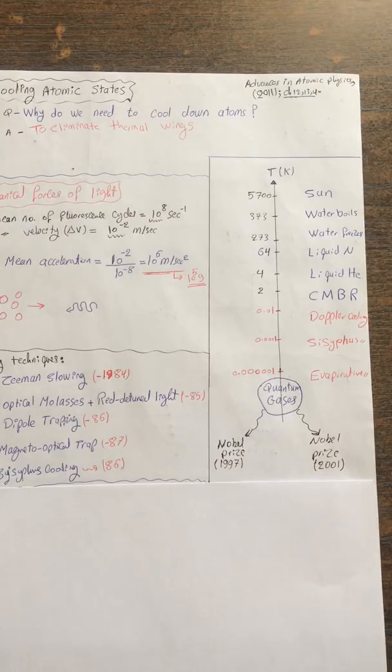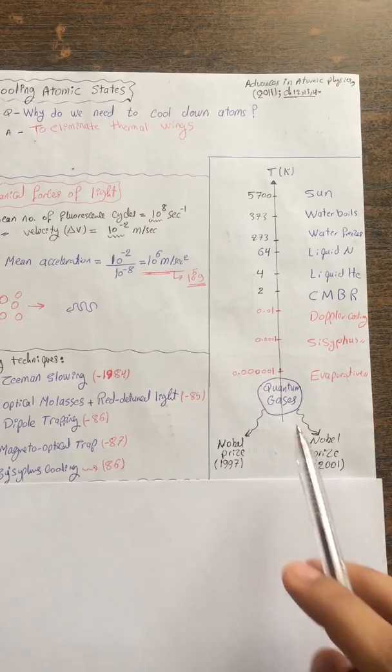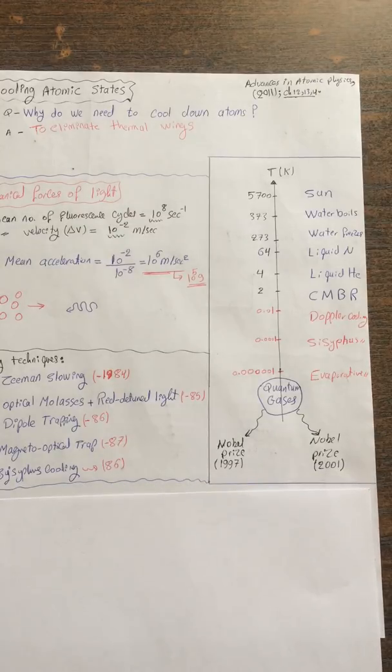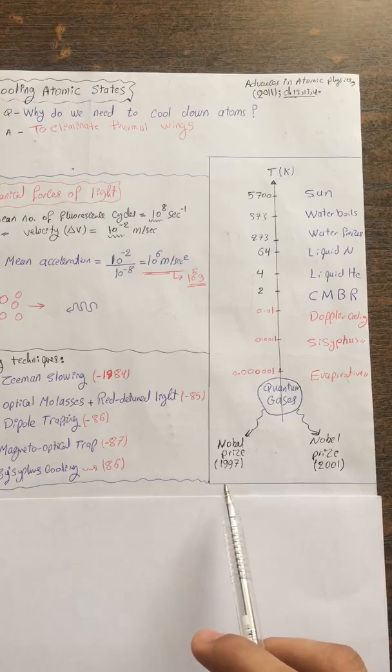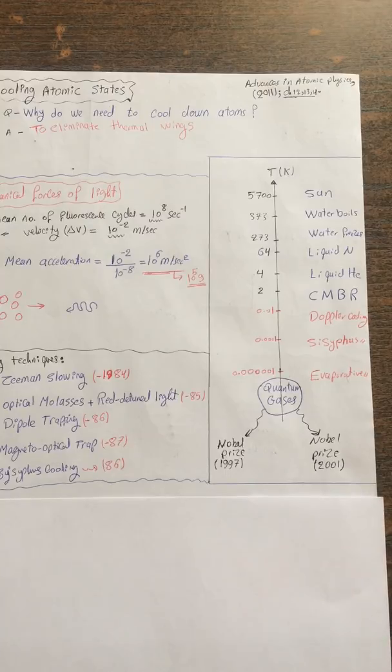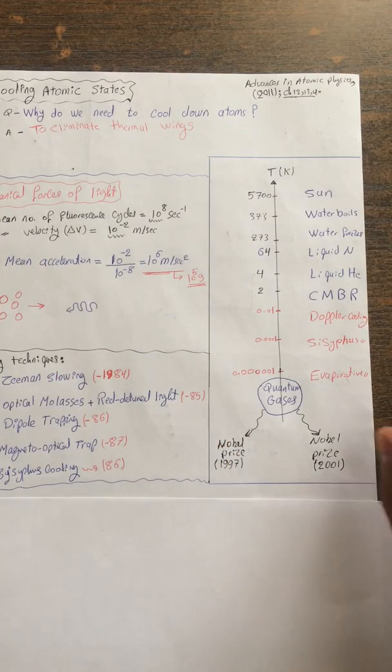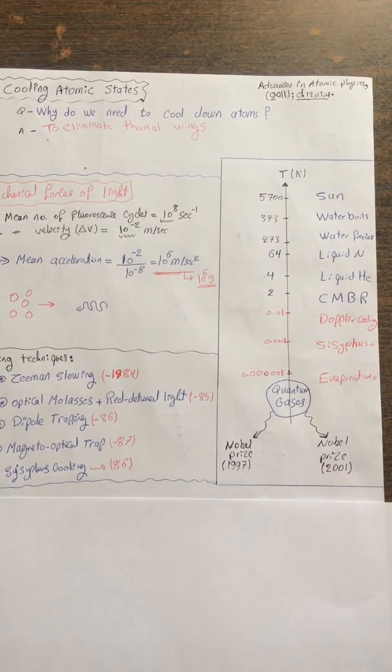So we kept cooling down and down until we reached a limit where even quantum gases started to appear. This was awarded the Nobel Prize in Physics in 1997 to Steven Chu, Claude Cohen-Tannoudji and William D. Phillips, for the use of mechanical forces of light to laser cool atoms down to micro and nano Kelvin temperatures.